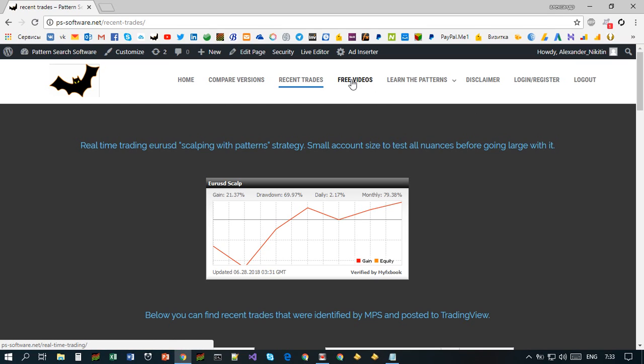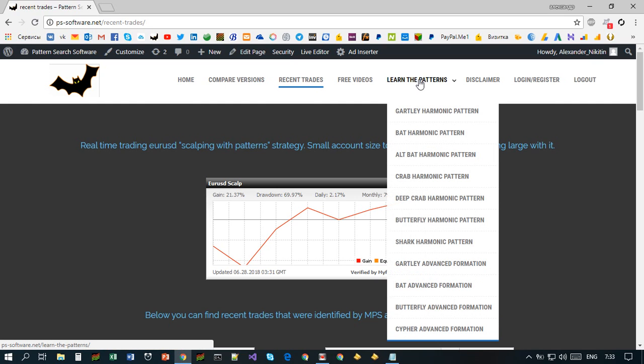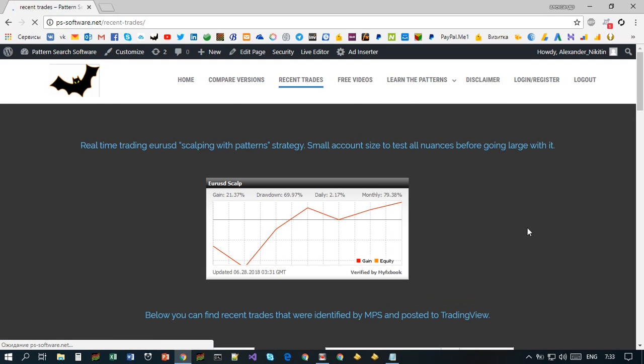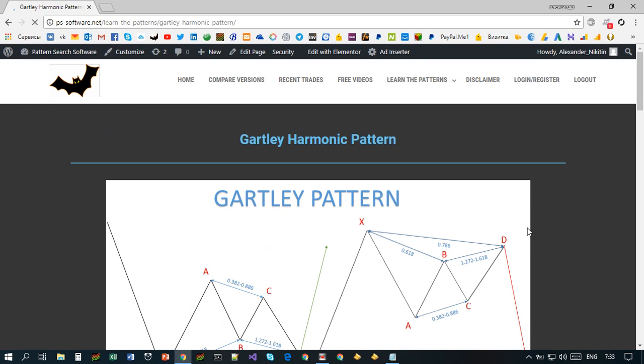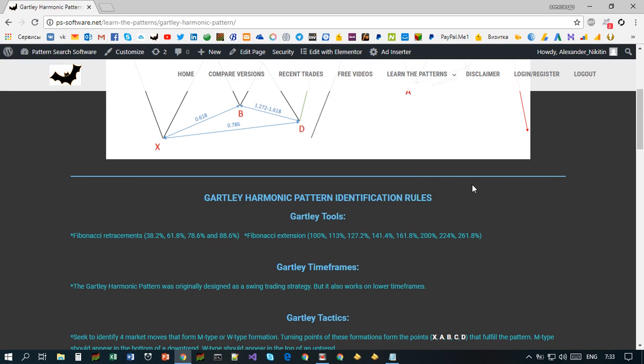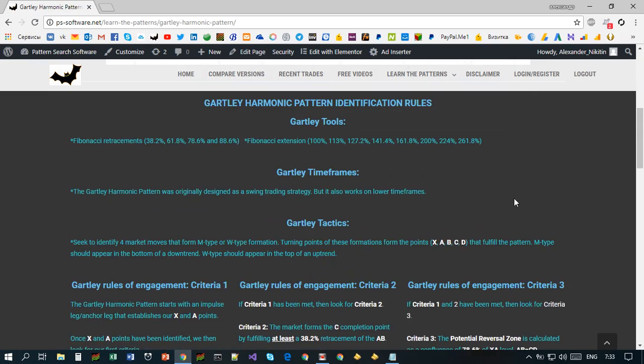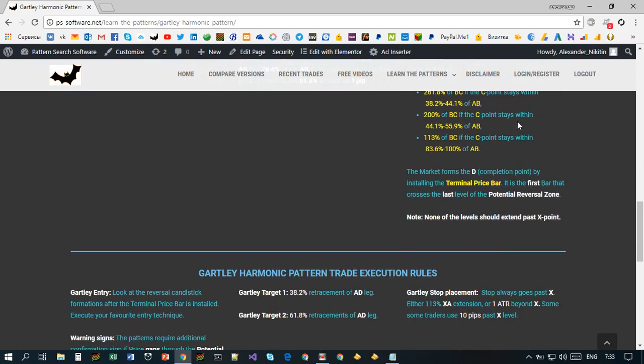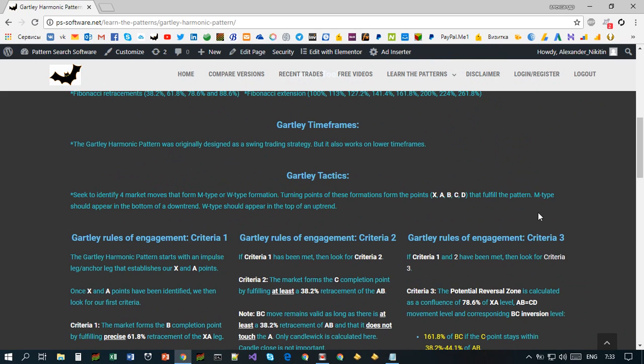Free videos, of course, I add some interesting videos that I find most educational, and learn the pattern step. This is the one that I was talking about. Choose whatever pattern you're interested in, and you will get a most detailed free trading course. So you have this diagram of how it should look, then you have the identification rules, very detailed identification rules.